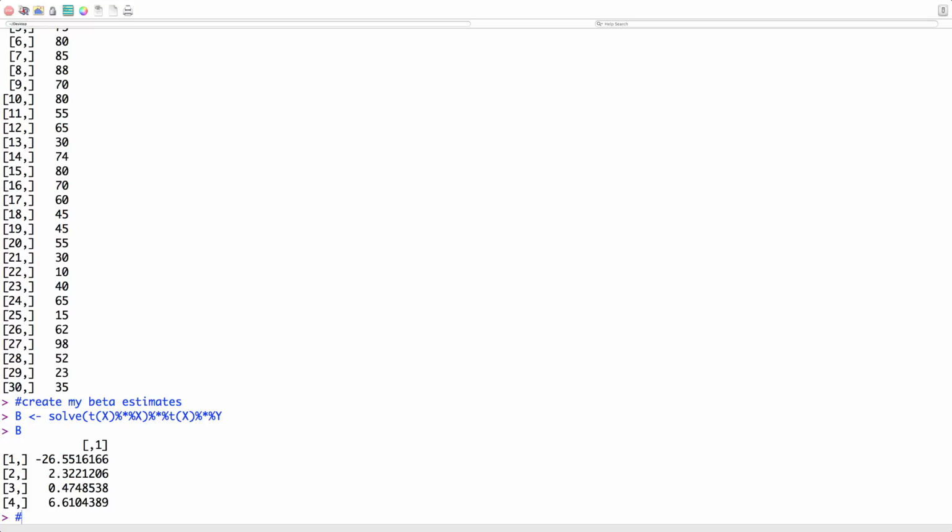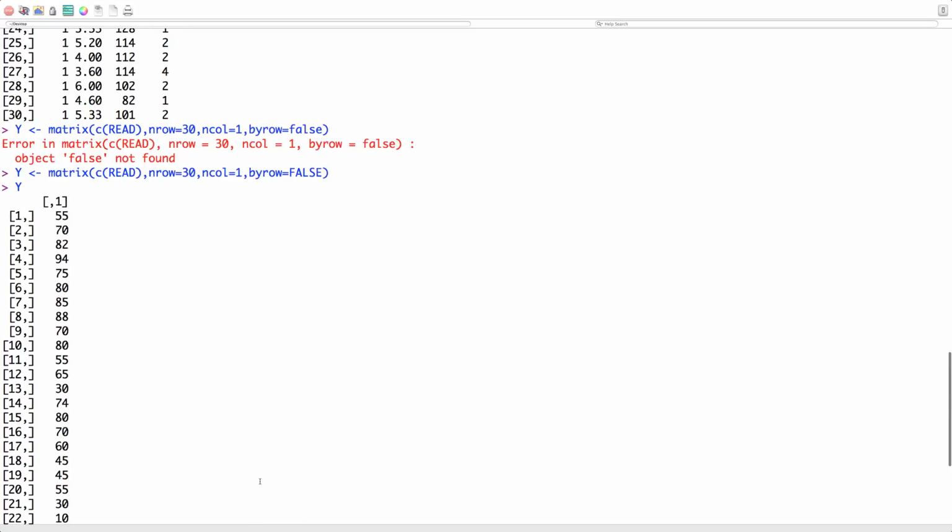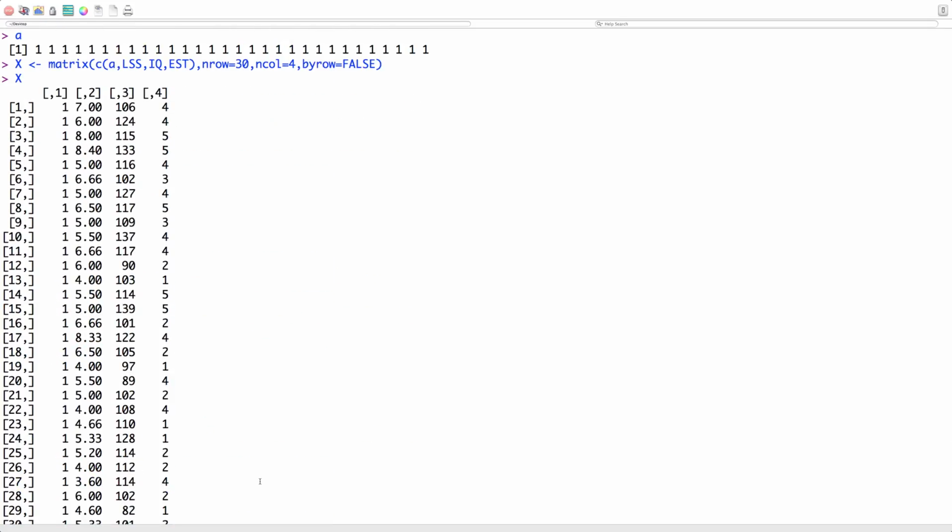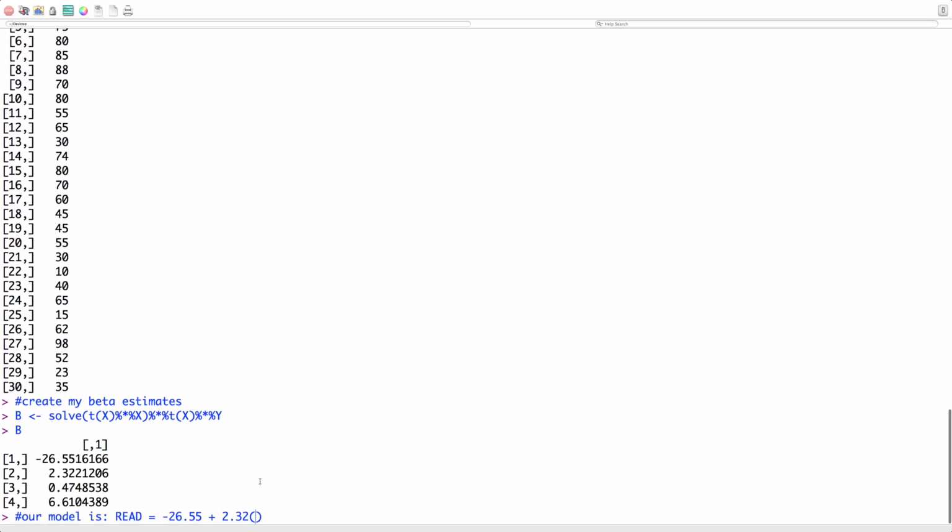So therefore our model is going to be: read can be predicted by taking the intercept, negative 26.55, plus 2.32 times, I forget, would we put LSS first? Yeah.